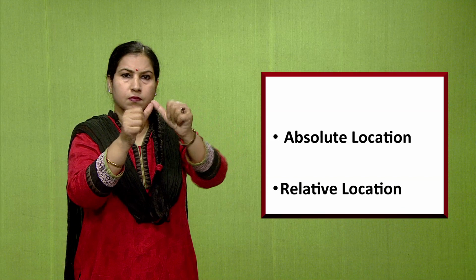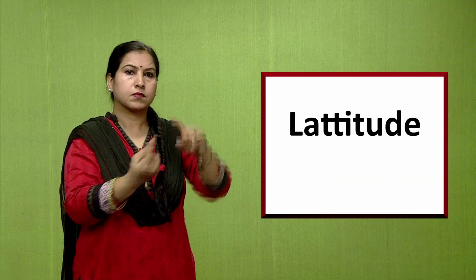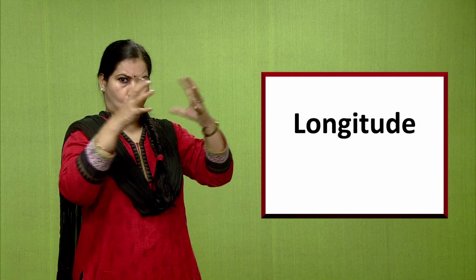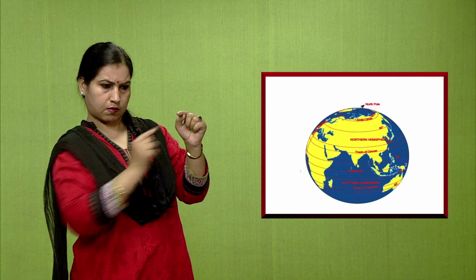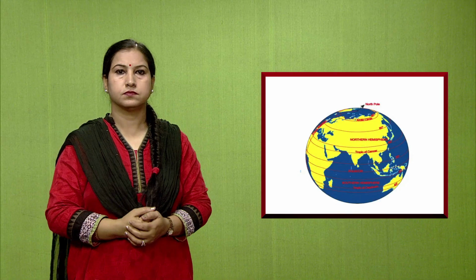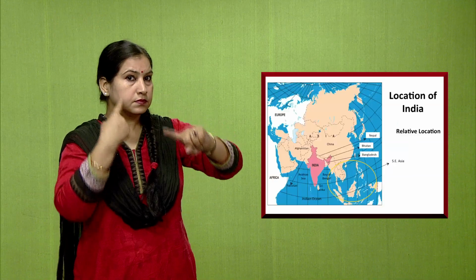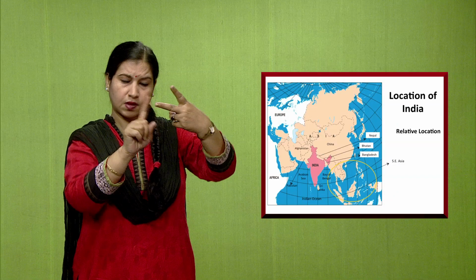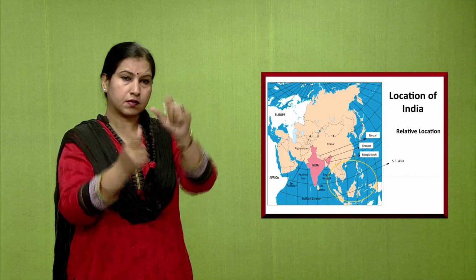Absolute location is given in degrees of latitude and longitude. And the second type of location is relative location.